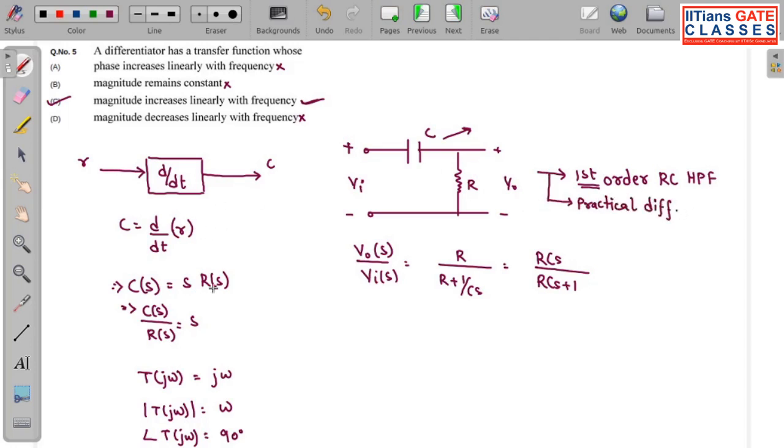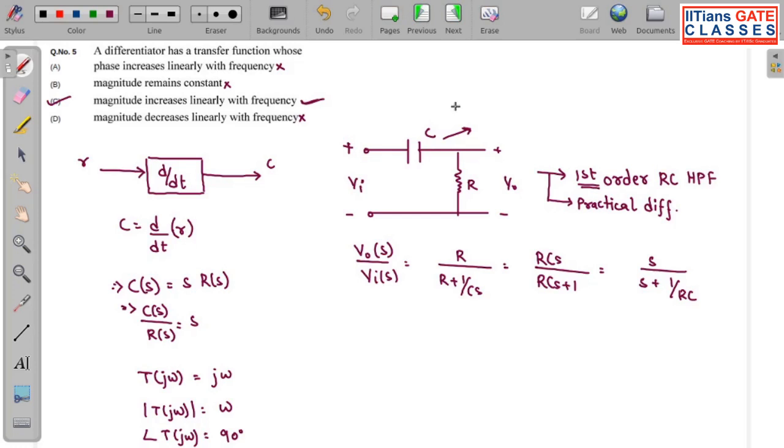See, in the earlier differentiator circuit we had an s term in our numerator. Here also we have an s term in the numerator. I can rearrange it as s divided by s plus 1 by RC. This is also my differentiator circuit.